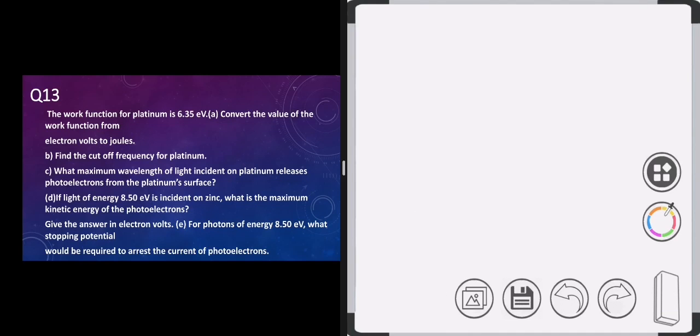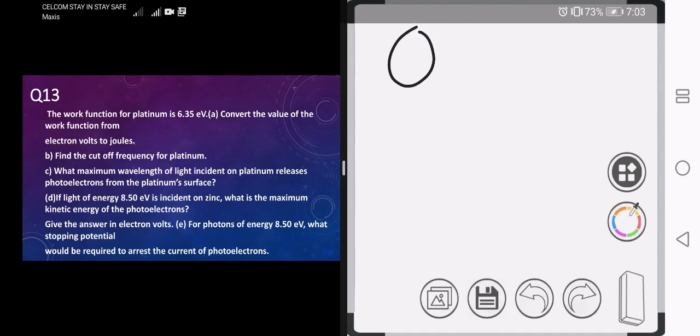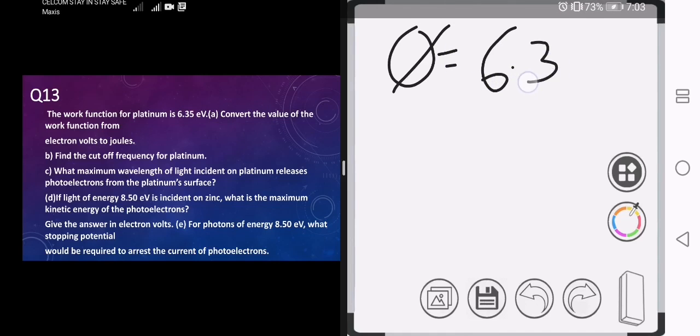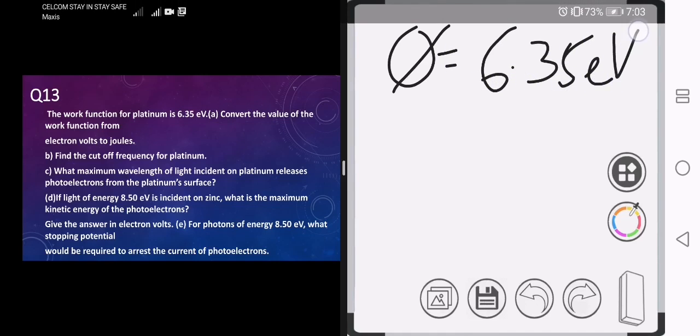Okay. Question 13. This one is about the photoelectric effect. Work function for platinum is 6.35 in eV.